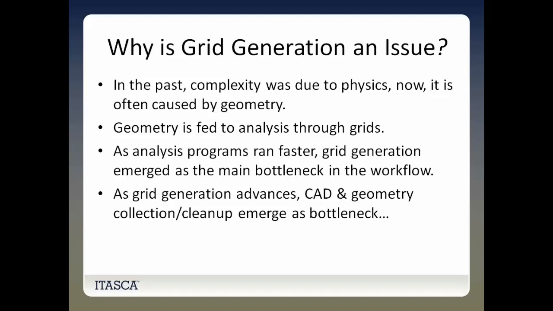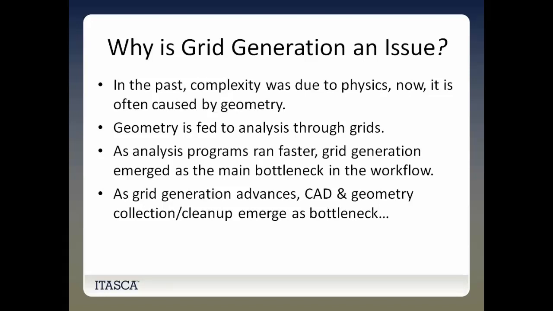But today, especially in the last 10 years, we see more and more a complexity due to geometry. So shapes vary, the physics somehow remain the same, albeit complicated. And so these different shapes are obviously fed into analysis models in the form of grids or meshes.